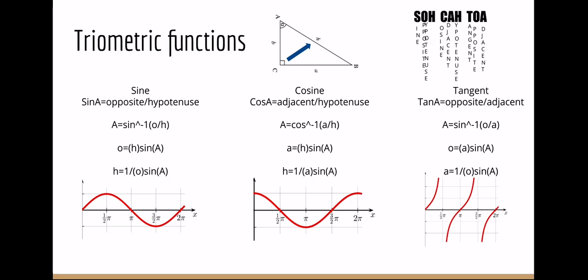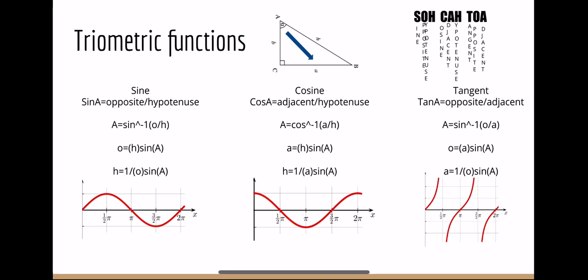Now for the sine function, it is sine of A is equal to the opposite side over the hypotenuse. I use sine of A for all the examples as to not be confusing. The opposite side from A is the one directly across from the triangle. To find angle A using the sine function, you would use A is equal to sine to the negative 1 of opposite over hypotenuse.